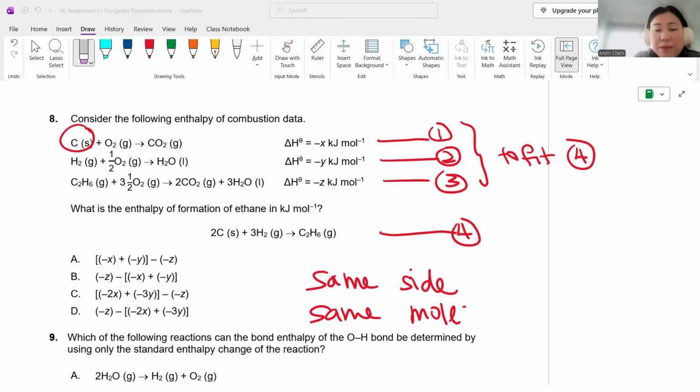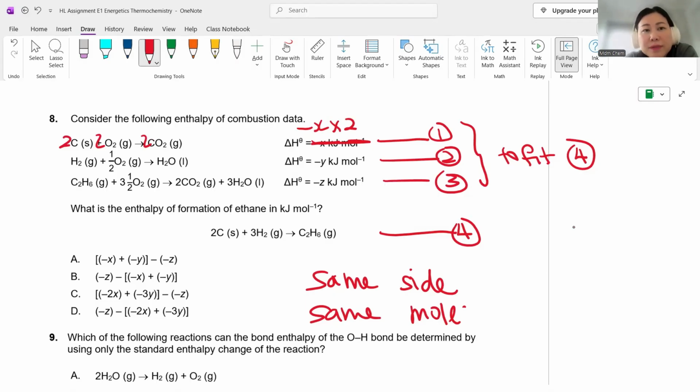Carbon and carbon are on the same side, but they are not of the same moles, right? So therefore, what must we do to this? We need to multiply by 2. So minus x must multiply by 2.